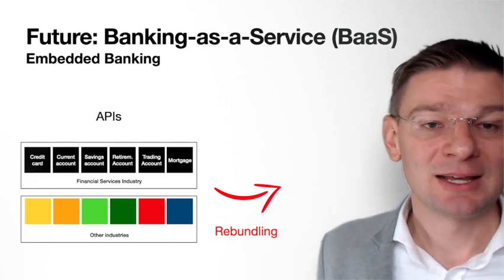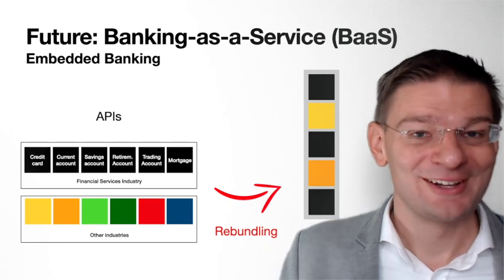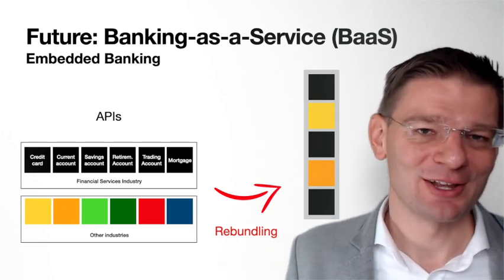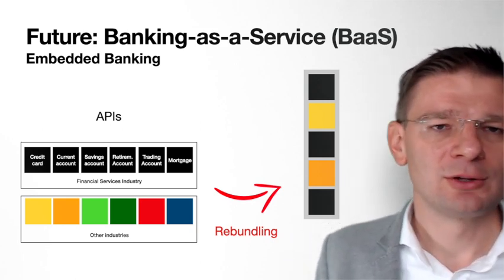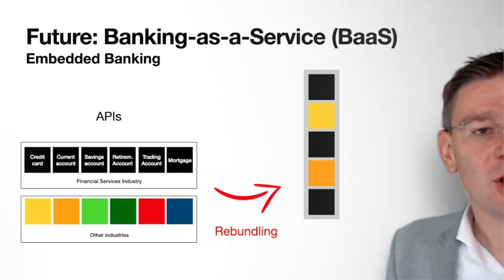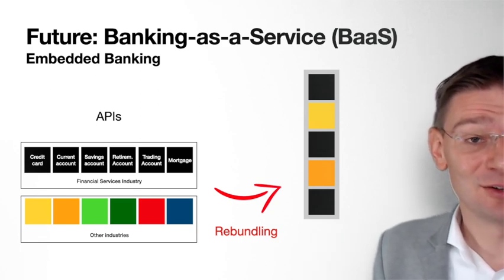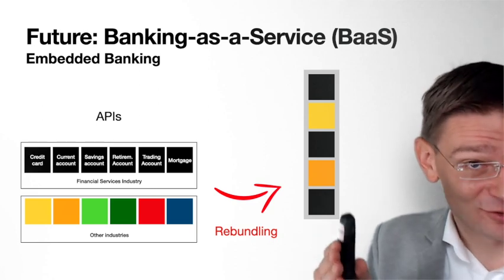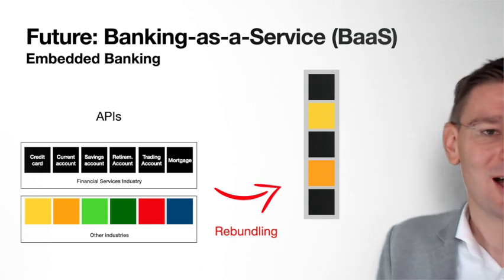And this rebundling will take the form of horizontal integrations, very specialized embedded banking offers. So that's interesting because now when you look at those banking offers, they are consisting not only of banking APIs, they are not staying in their vertical, they are now moving into other verticals as well.